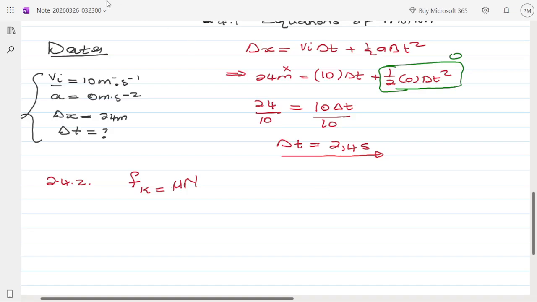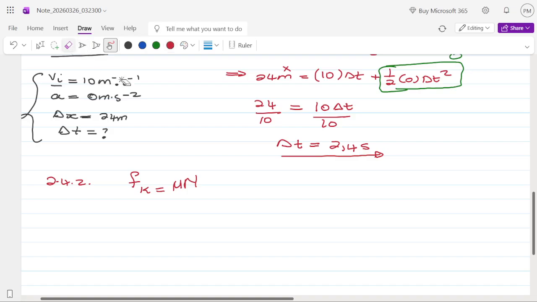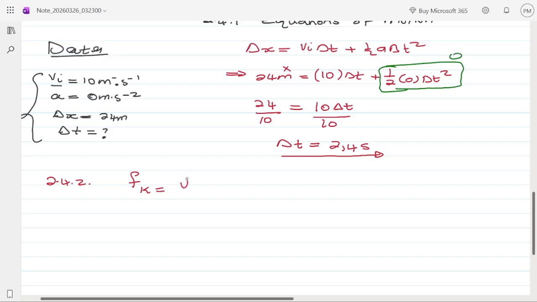It's the coefficient of kinetic friction, which you multiply by the normal force. So this is μk times the normal force. This is my kinetic friction, this is my coefficient of kinetic friction, and this is the normal force. So the kinetic force does not depend on the speed.